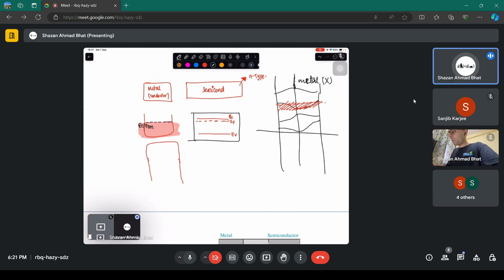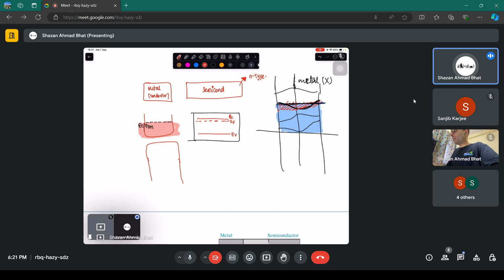But what happens mainly is that all of the levels up to this particular point are filled in a metal. They're completely filled up to the Fermi level because the Fermi level is lying inside the band itself. This is the energy band of the metal, and the Fermi level is lying inside it, and all of the levels up to the Fermi level are completely filled in a metal.